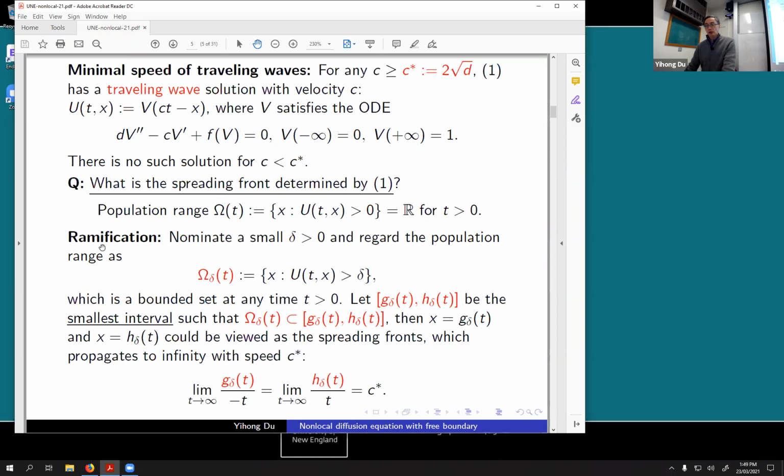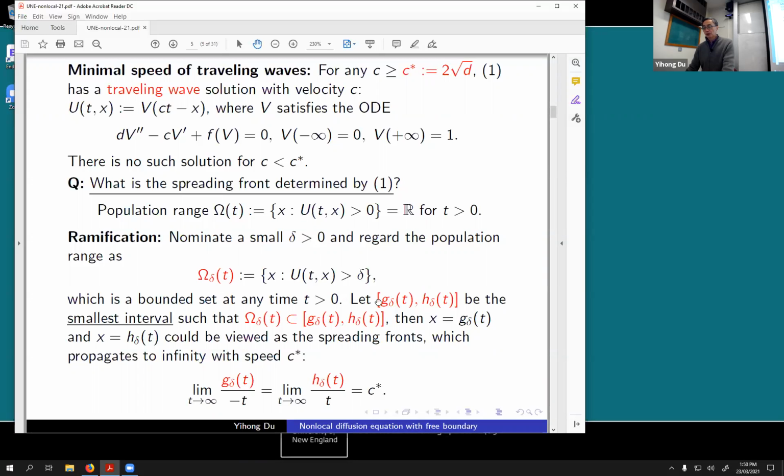So to interpret this population range using the classical model, people usually nominate a small constant and consider this set instead. If the population density is greater than delta, then we say this population can be observed. So look at this omega delta at time t. As long as delta is positive, no matter how small, this set is bounded for any positive t. It's not like this one.